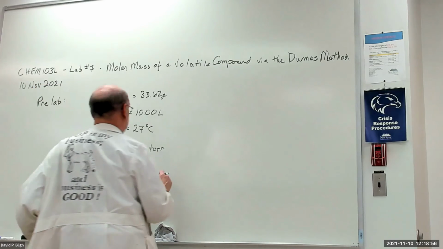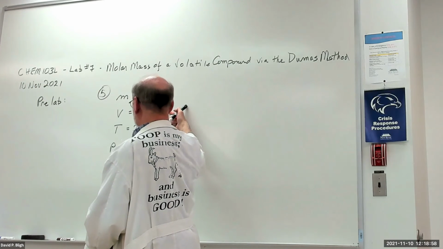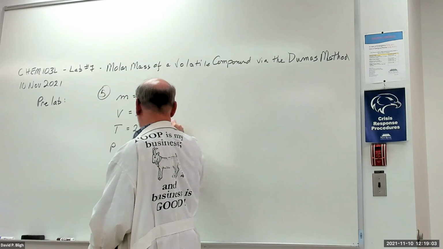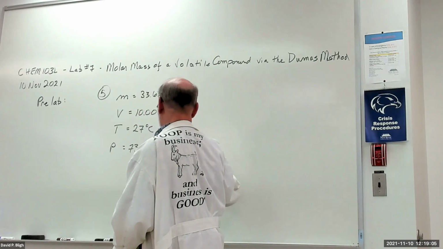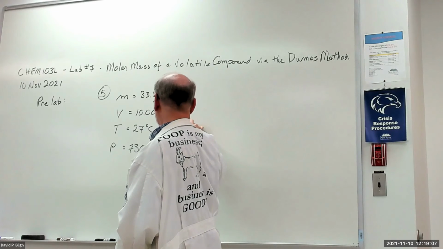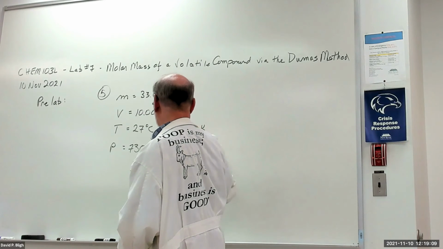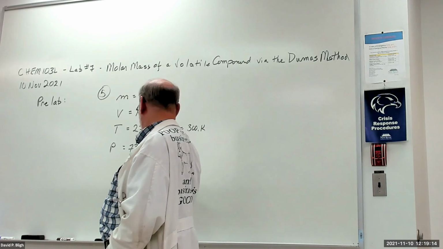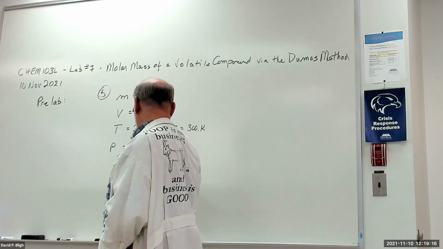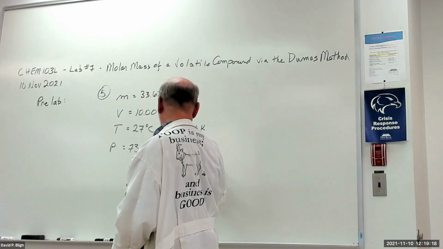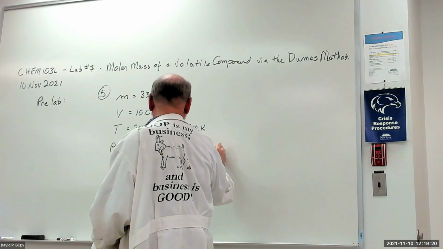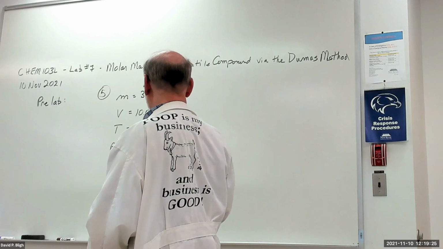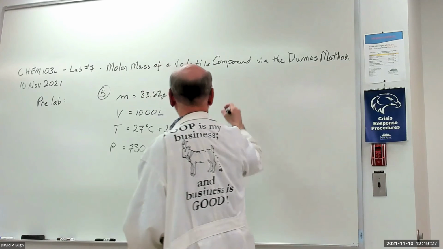All right. What about the units here? Those are good. Liters. Temperature? Yeah, 300. Okay. How about this one? 605. Okay. Let's see. That should be everything we need, right?